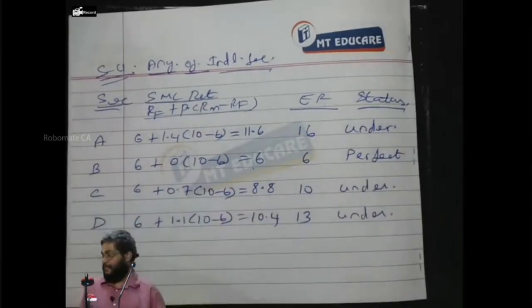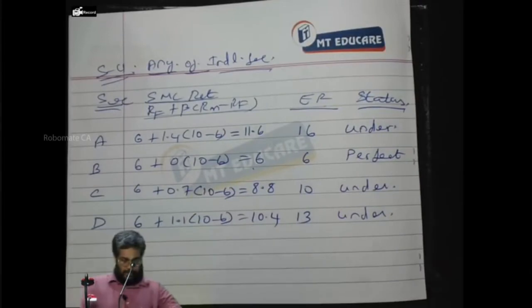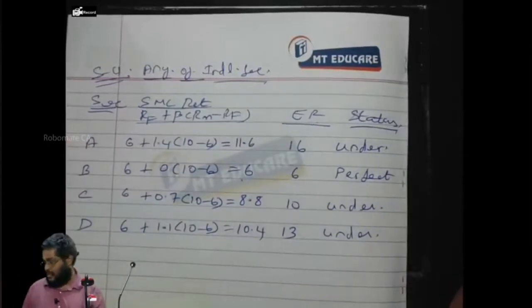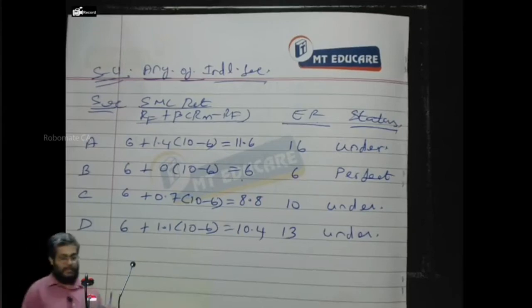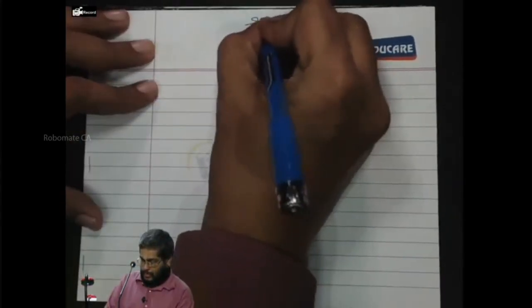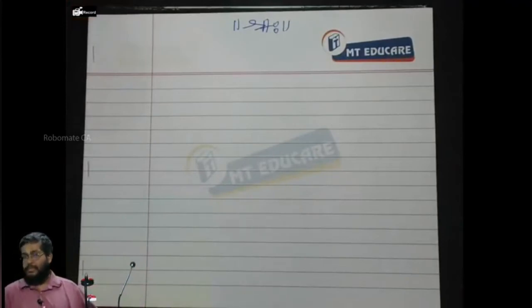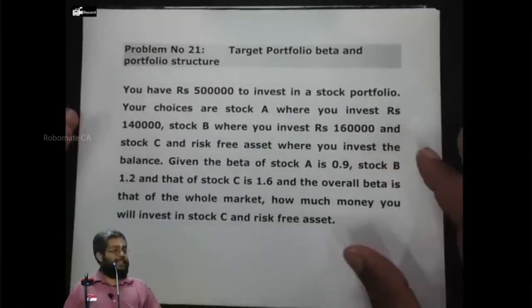Take question number 21. An examination problem, a compulsory question asked for 5 marks.